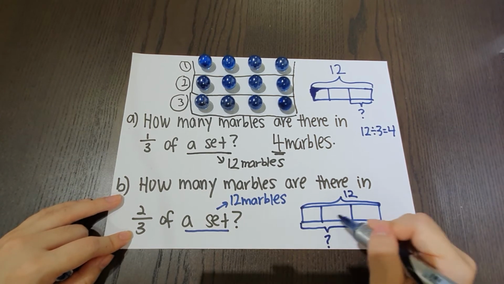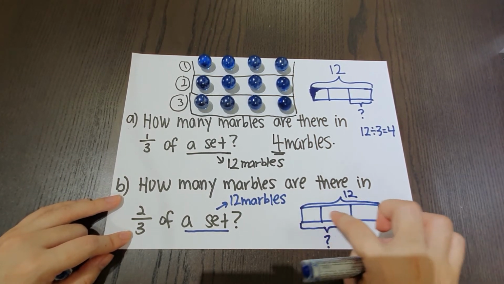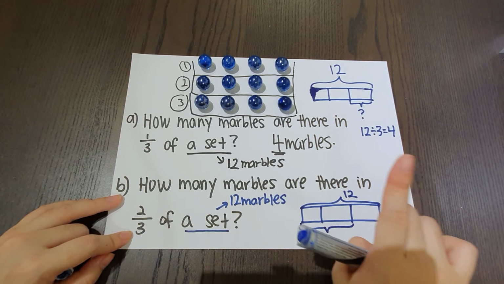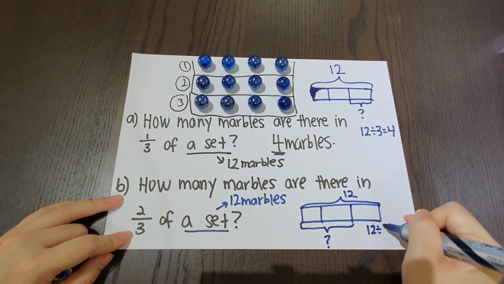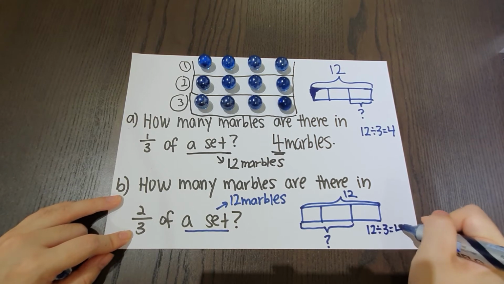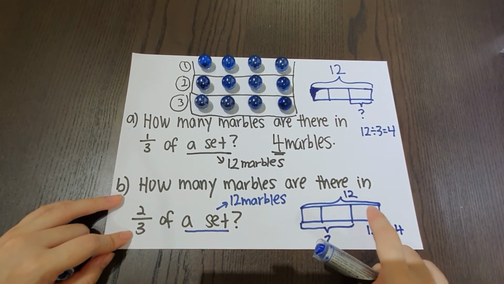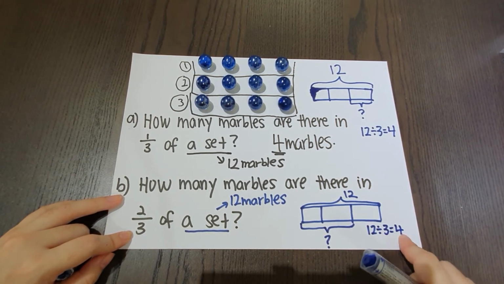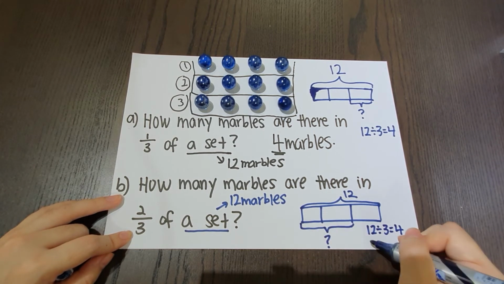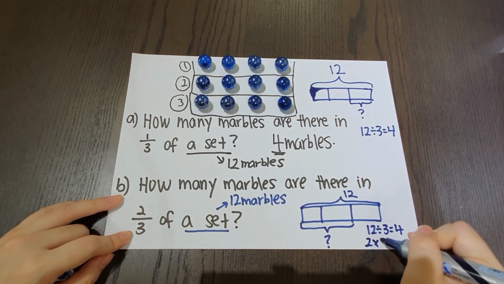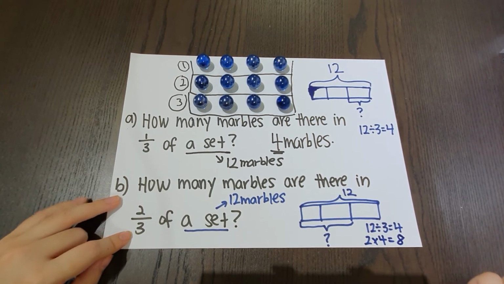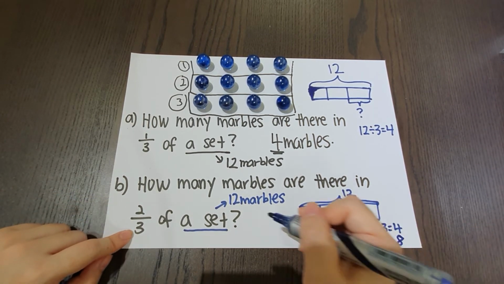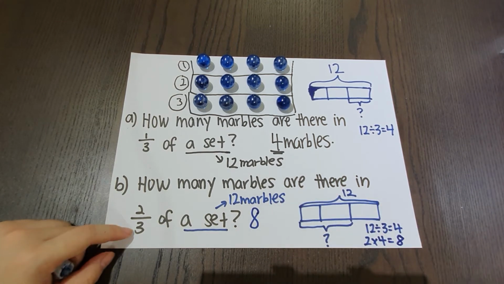So how do I find 2 units? Given 3 units, I can always find 1 unit first, which is 12 divided by 3 gives me 4. So I know that 1 unit represents 4. To find 2 units, I simply take 2 times 4 to give me 8, which means 2/3 of a set is actually 8 marbles.